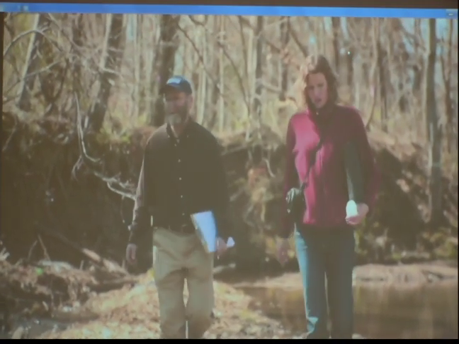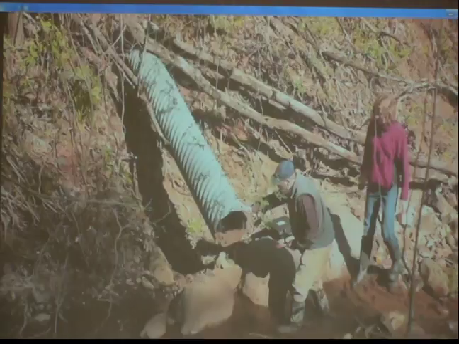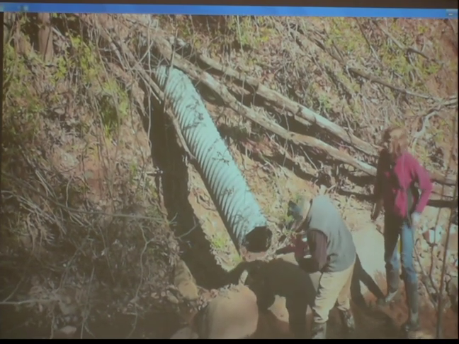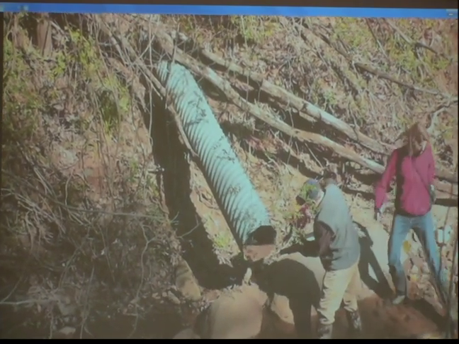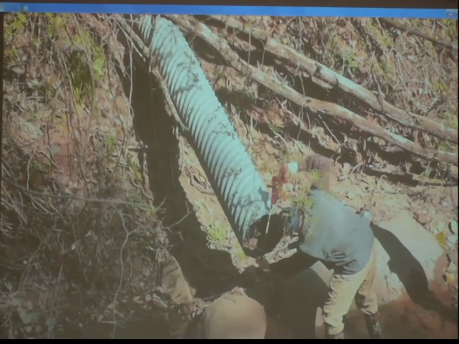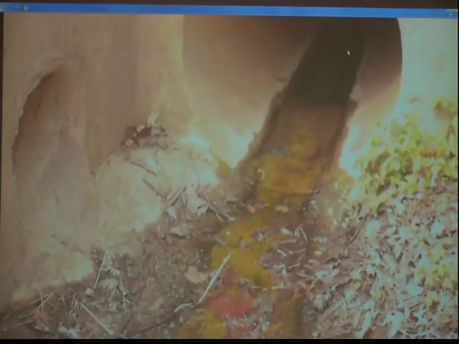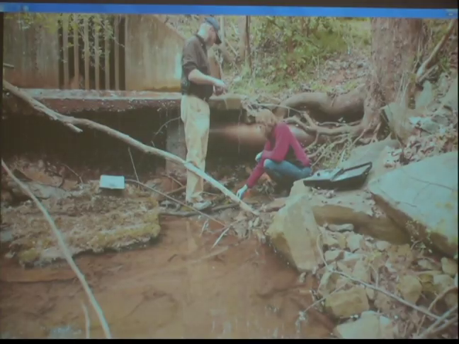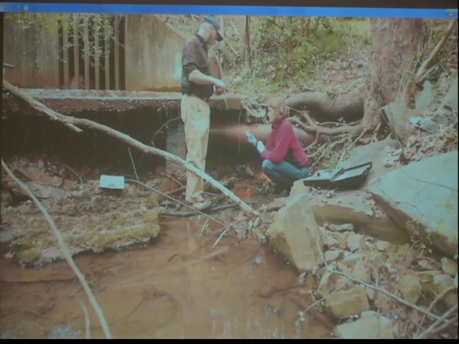It begins with walking local waterways and looking for pipes coming out of the banks. This is important because you may find pipes that are not on existing maps or have gone undetected. This is done during a dry period so that all flowing outfalls can be detected. Once at the outfall, conduct a quick assessment to determine if an illicit discharge may be present.